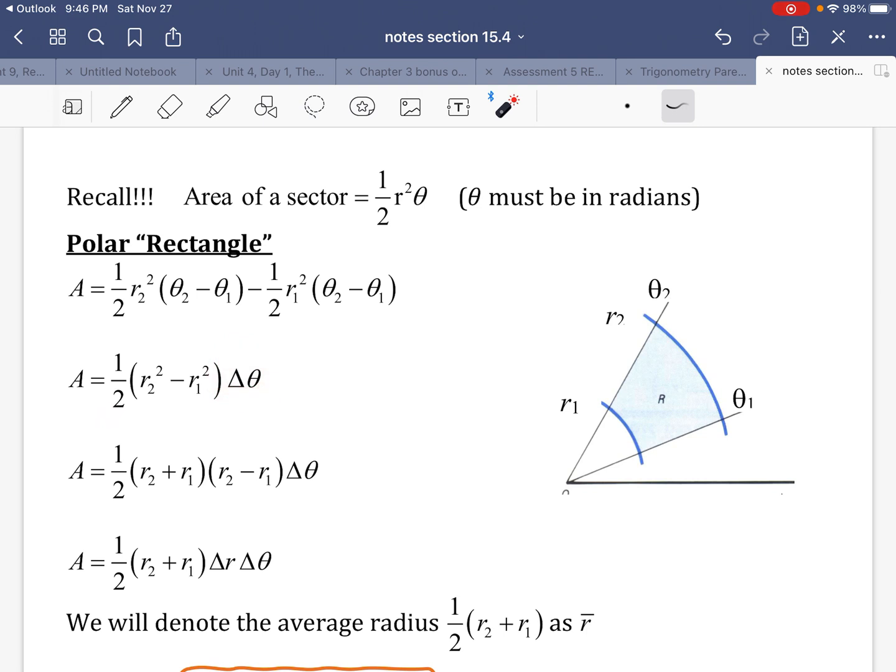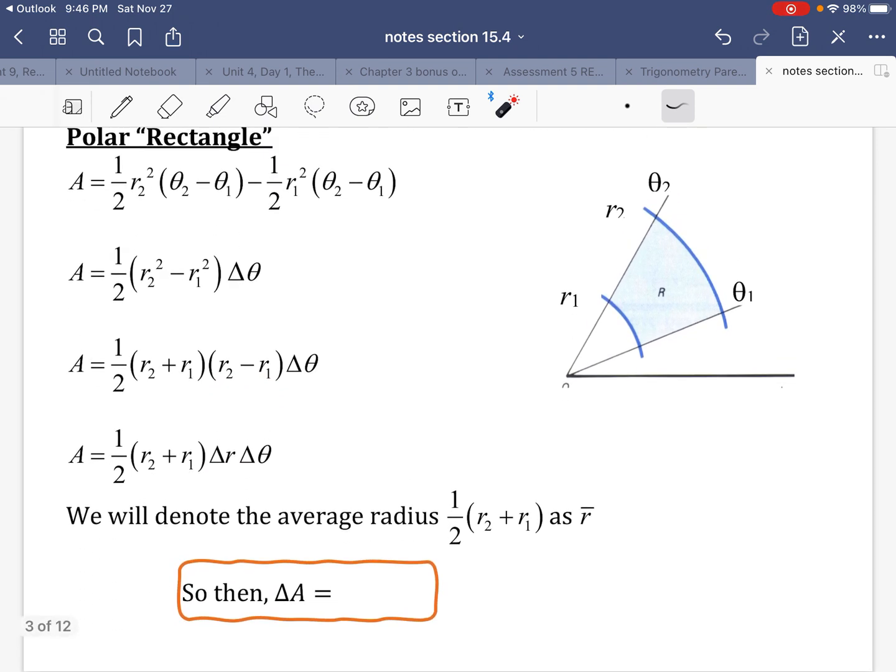That's just a little transformation there. Then notice when you have r2 squared minus r1 squared, that is simply factorable into a plus and a minus of the same two items. And when we have r2 minus r1, that turns into delta r.